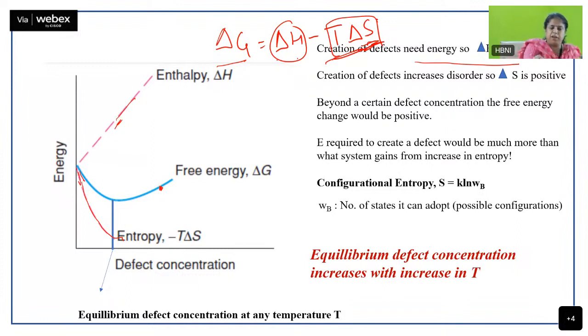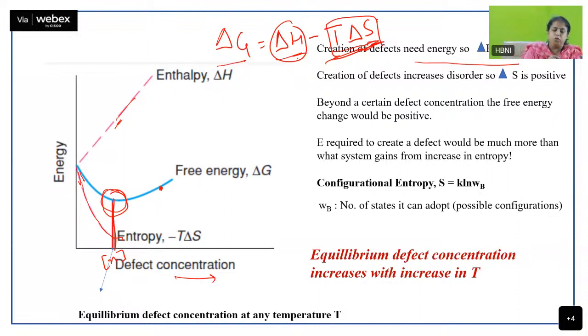So somewhere in between, delta H would be equal to T delta S. If I'm plotting energy versus the defect concentration, the number of defects that I'm creating, somewhere here your delta G would be minimum. Corresponding to this particular n is the amount of defect that would be present in your material, howsoever hard you try, by virtue of entropy driven stabilization. I hope I'm clear. Okay.